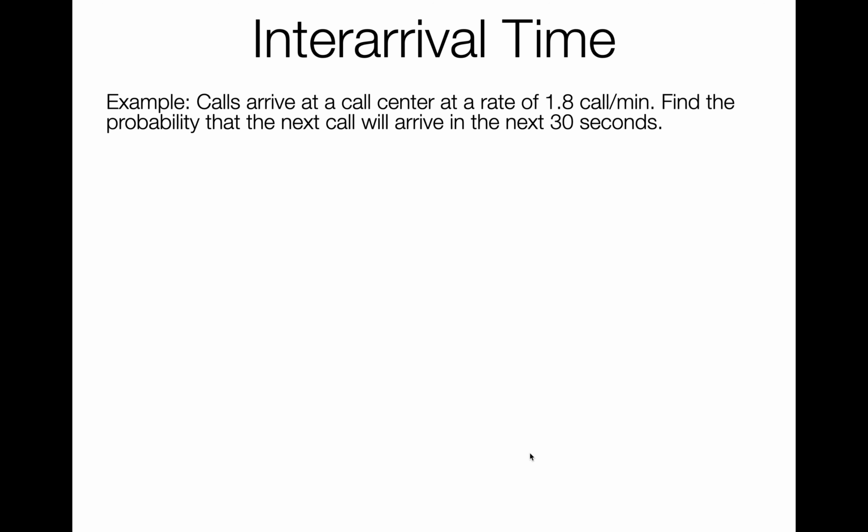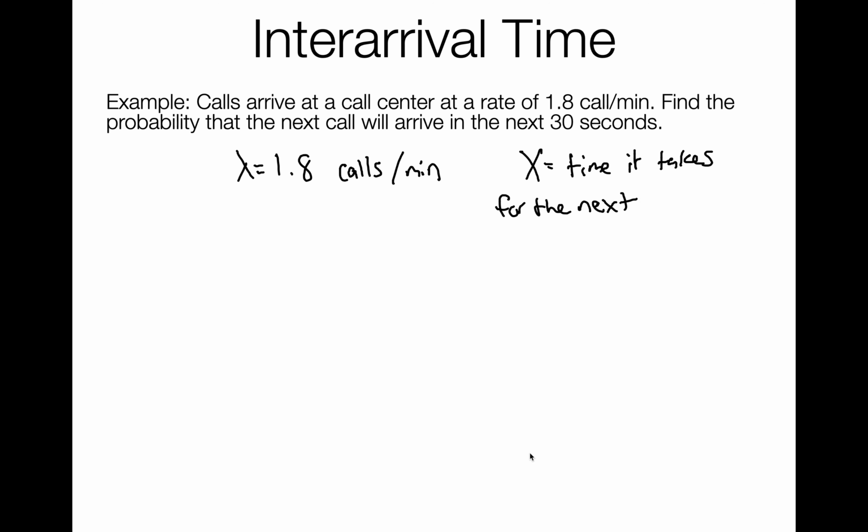So what do we know so far? We know lambda is 1.8 calls per minute. And we know that the random variable x is the time it takes for the next call to arrive.